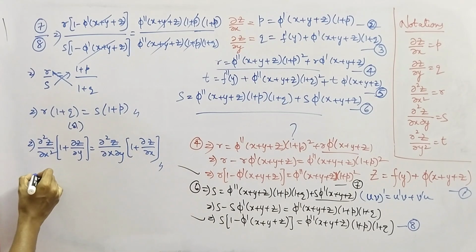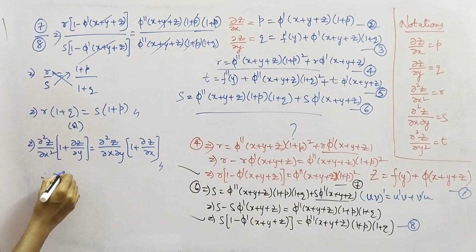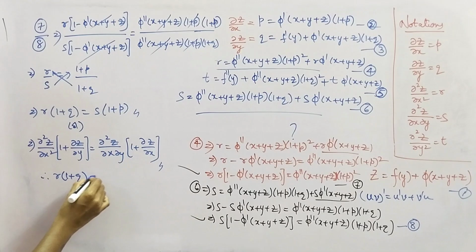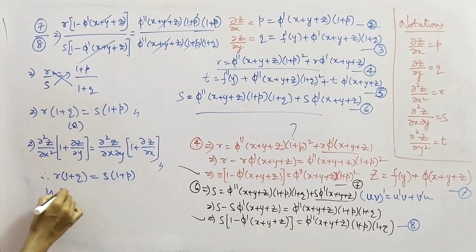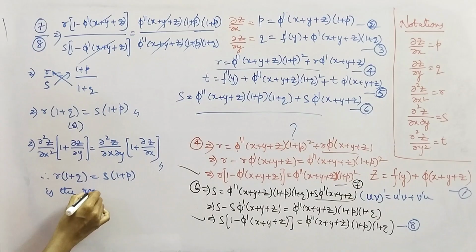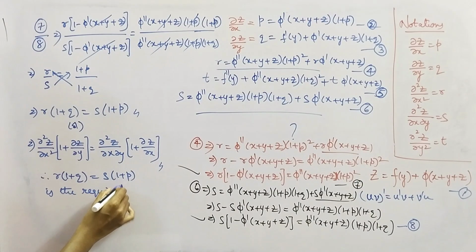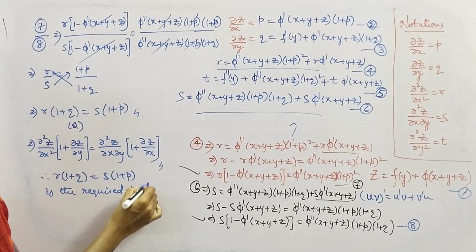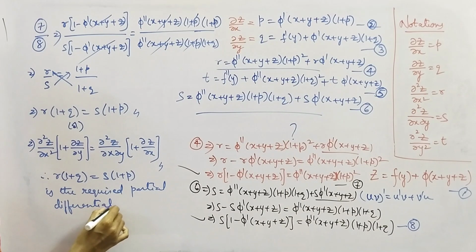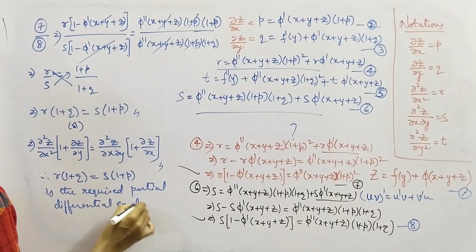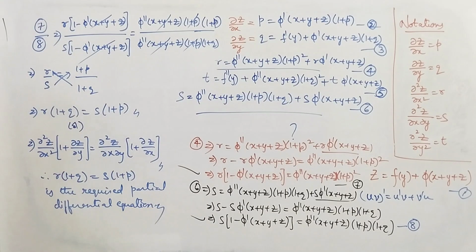This is the required partial differential equation. Therefore, r times (1 plus q) equal to s times (1 plus p) is the required partial differential equation, which completes the problem.